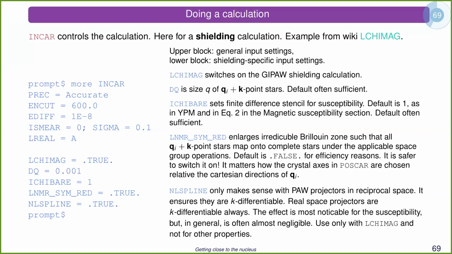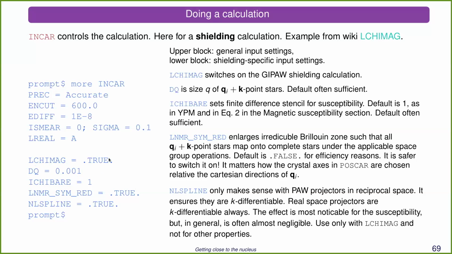Okay, then the INCAR. This is from the wiki, and it has looked like this for the past few years. You see two blocks here. These are the tags specific for doing the shielding calculation, and these are general tags. Let's first go over this block.